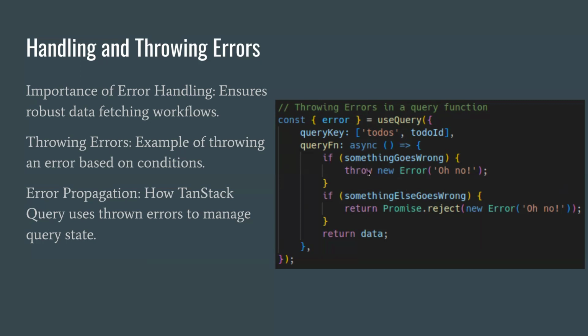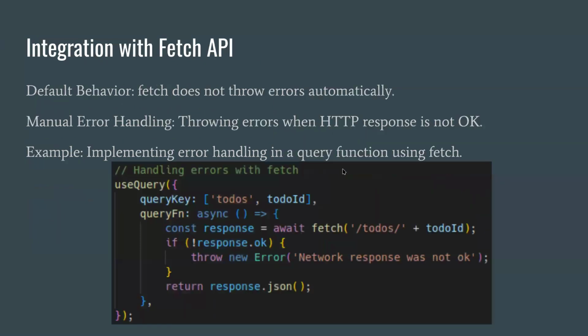Here you see examples of how to throw an error if something goes wrong. If the condition turns out to be true, then you can throw a new error, or you can just return a rejected promise. Handling errors this way helps us keep the application state consistent and responsive to issues as they arise.